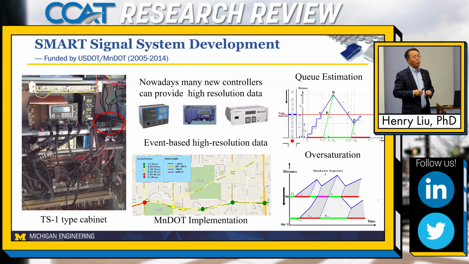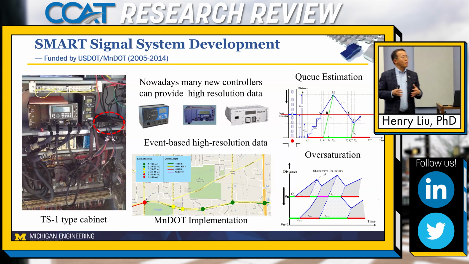And then we use what we call high-resolution event-based data to derive the traffic state: how long the queue was, and what the travel time was from one intersection to the other, so that we can estimate the trajectories of the passing-through traffic. We can also look at whether this leads to oversaturation, whether they have spillover, and things like that.